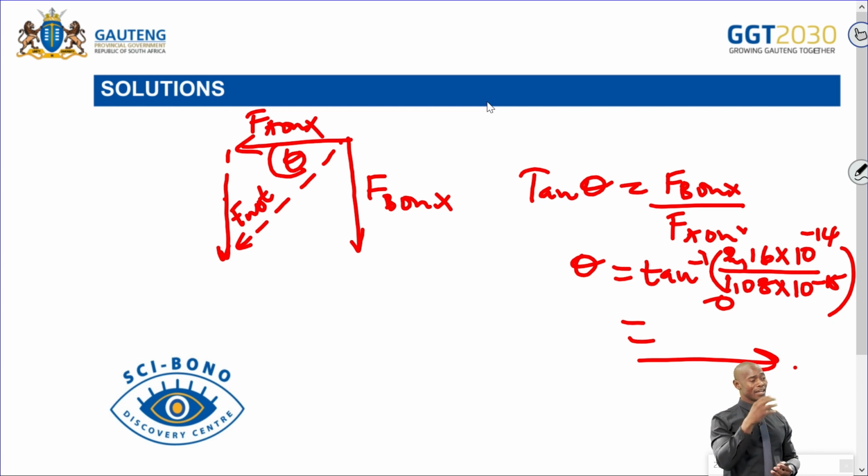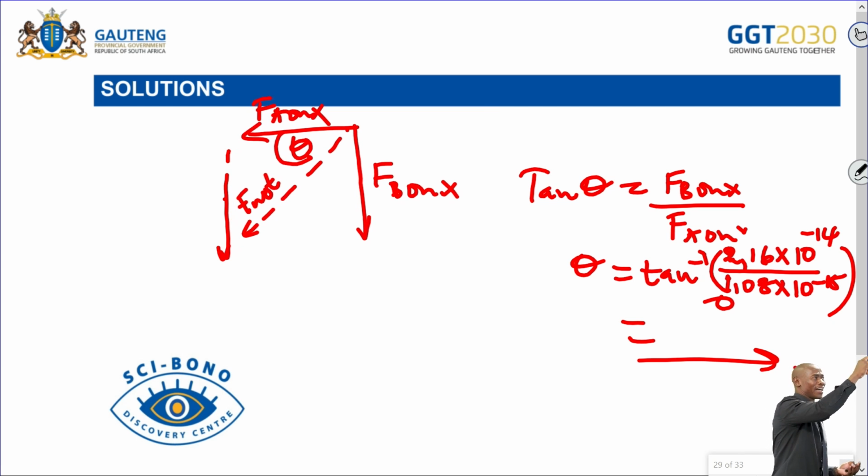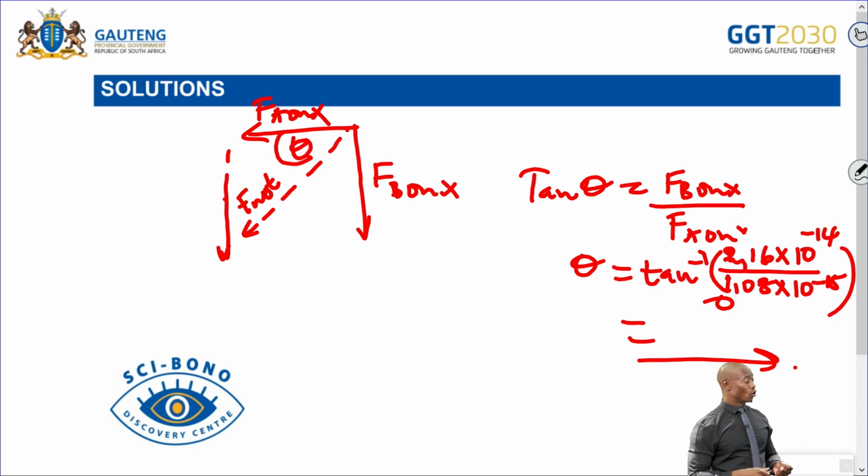So tan theta: just find theta to the horizontal. It will be opposite over adjacent, which is F B on X over F A on X. So that is Coulomb's law.